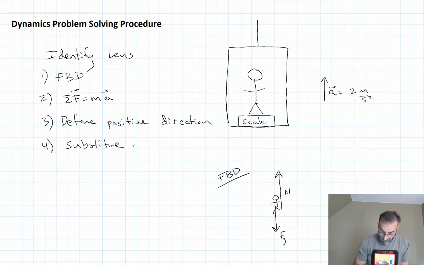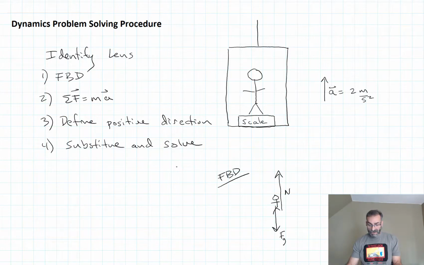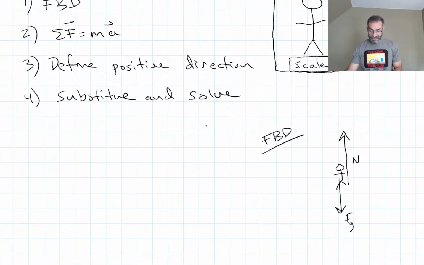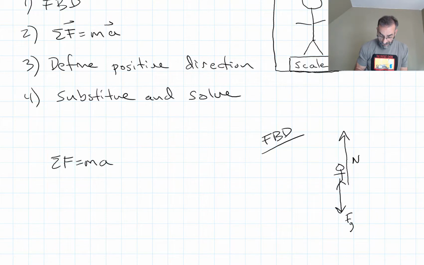Okay, so let's go through it for this problem. I've got my free body diagram. I'm going to use the equation sum of the forces equals ma, and I'm going to pick up as my positive direction. So I'm adding the forces just in this vertical direction.